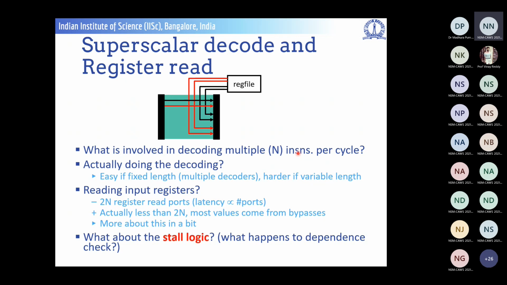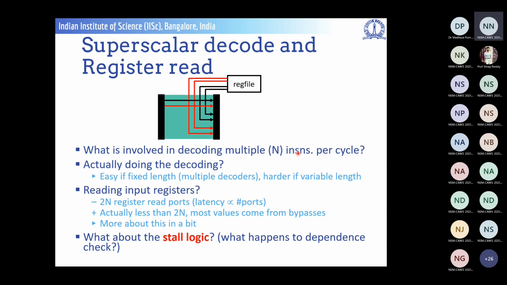If it is fixed length, you know where each instruction starts, the nth instruction and the n+1, so you can start decoding them in parallel. But if it is variable length, then until you decode the nth instruction, you don't know where the n+1 instruction starts, because the nth instruction can be 2 bytes, 4 bytes, or 8 bytes long. So it becomes harder. This is a challenge that depends on the ISA.